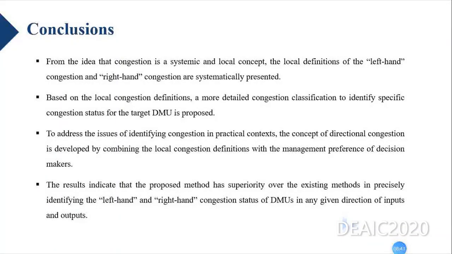In the meanwhile, the empirical results indicate that the proposed method has advantages over the existing methods in precisely identifying the left-hand and right-hand congestion status for targeted DMUs in any given direction of inputs and outputs. Therefore, it will provide more useful additional information to decision makers, which is of important significance to real management.